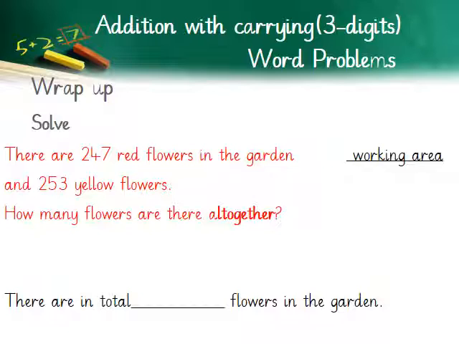Two numbers are given, make two statements, and make a sum with the help of these numbers, 247 plus 253. What's the answer? Yes, 500. There are in total 500 flowers in the garden. Correct answer. Good job.